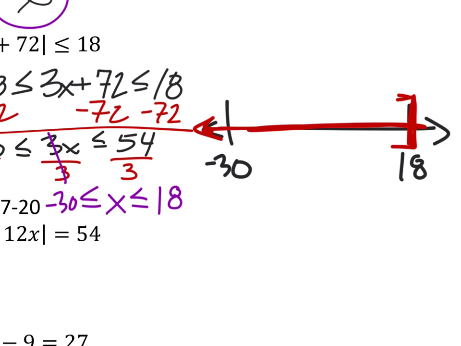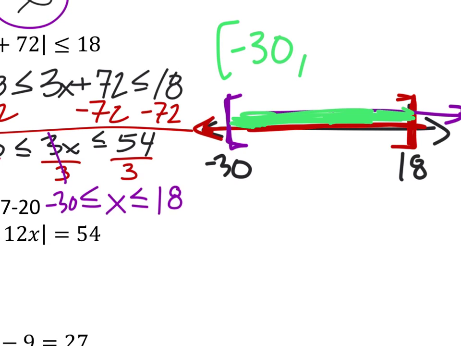Negative 30 is less than or equal to x, so we have a square bracket here, but going to the right. And we can see that both of these colors exist in between negative 30 and 18. So our interval notation would be negative 30 to 18.